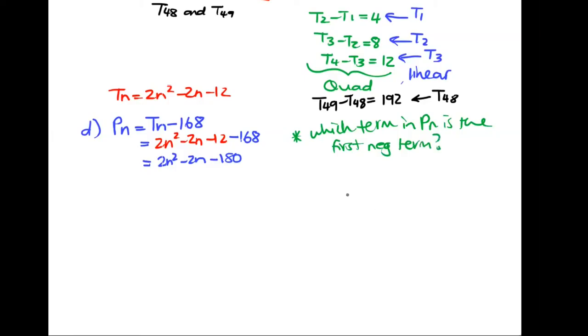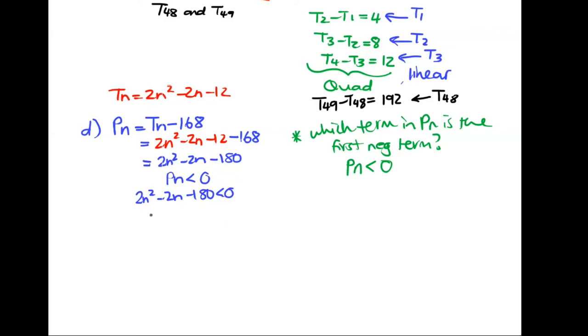That's kind of the way that you've probably seen them asking this question in the past. If they had said that, you would have said Pn must be less than 0 because it's the first negative term. Well, we are going to do a similar thing here because we want to know how many negative terms there are going to be in this pattern. So let's make Pn less than 0. So 2n squared minus 2n minus 180 must be less than 0.